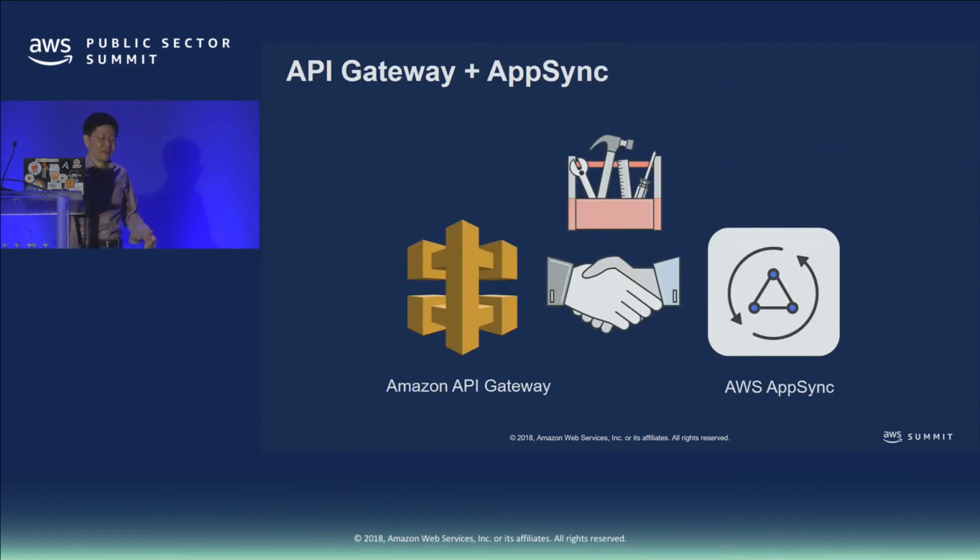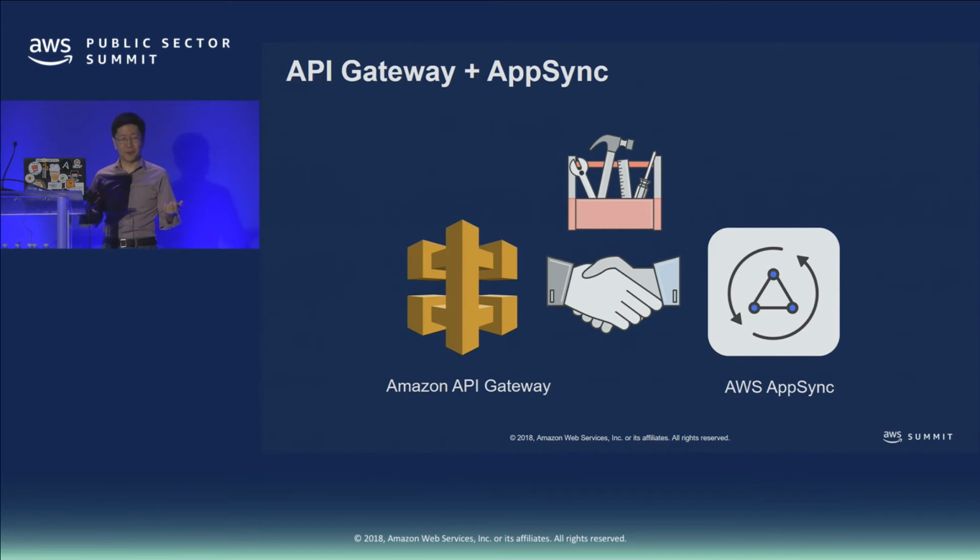So you might be wondering, now you have AppSync, you have API Gateway. How am I going to use them together, or which one should I choose? A lot of people say GraphQL is the next version of REST, because it addresses a lot of problems of REST.